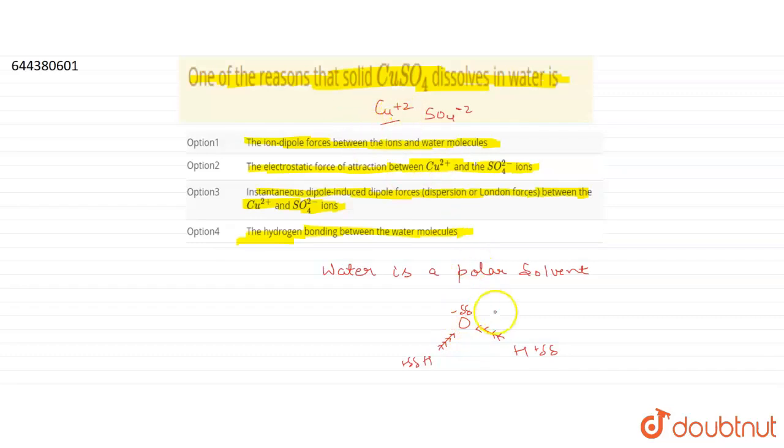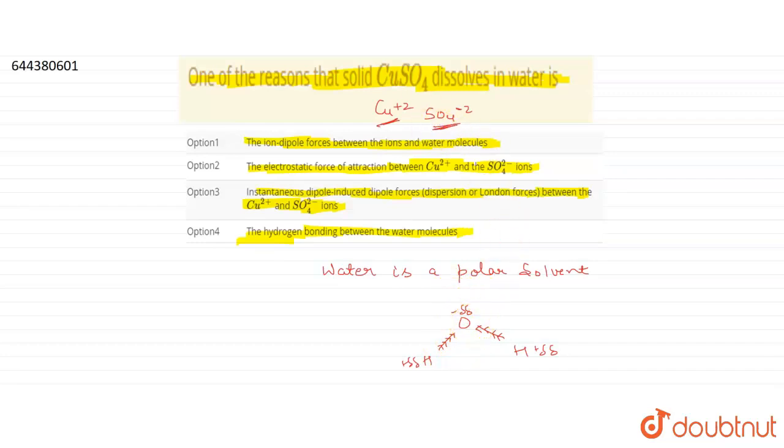So this positive charge will be attracted towards this partially negative charge of oxygen. Okay, so these positive copper ions are attracted to the oxygen atoms of the water, because these oxygen atoms have a partially negative charge.